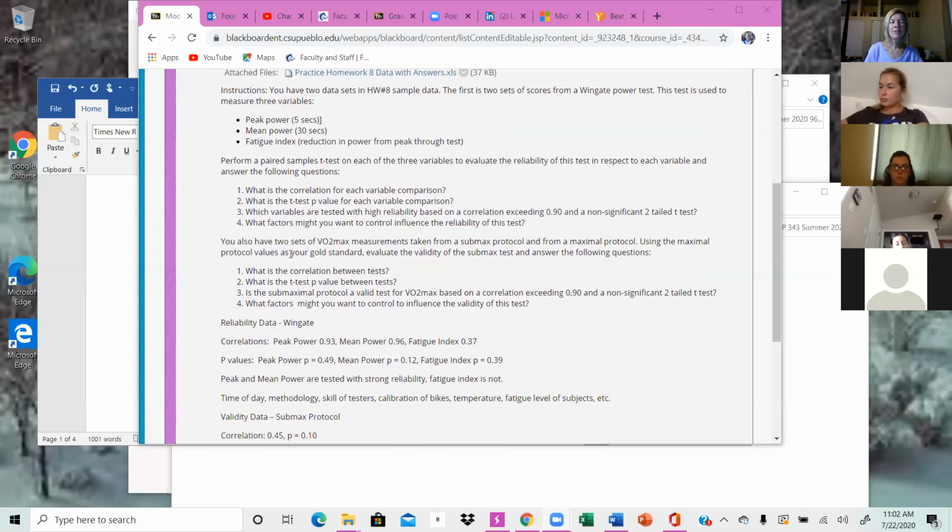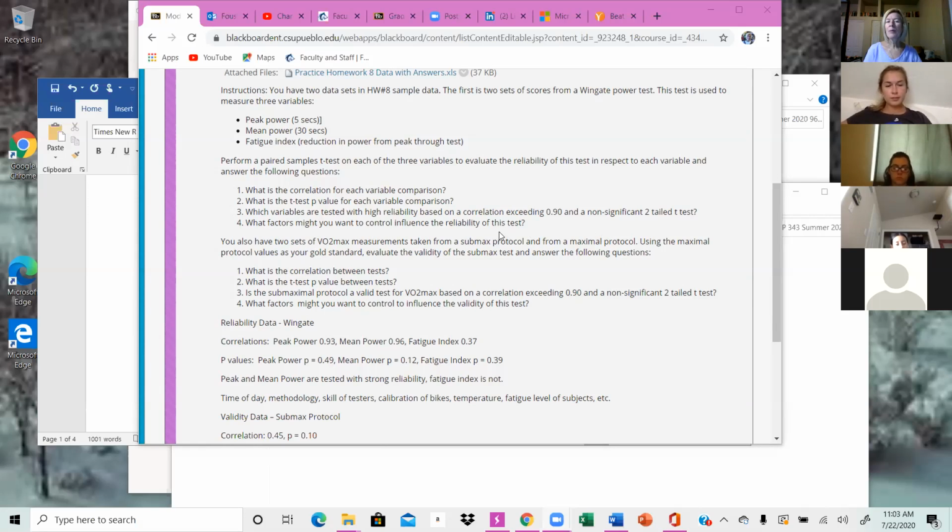The next set of data, I'm giving you 2 sets of VO2 max measurements, one from a submax protocol, okay, and one from the maximal protocol. So the maximal protocol is harder to do, much harder to do a maximal protocol on the treadmill.